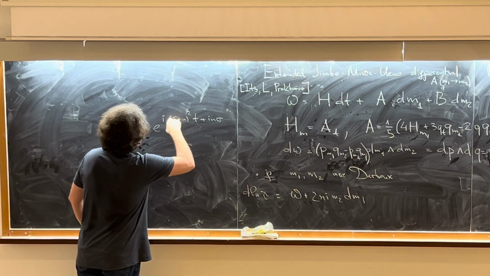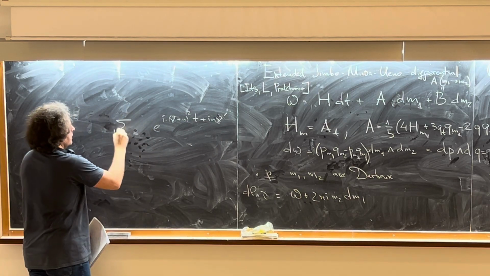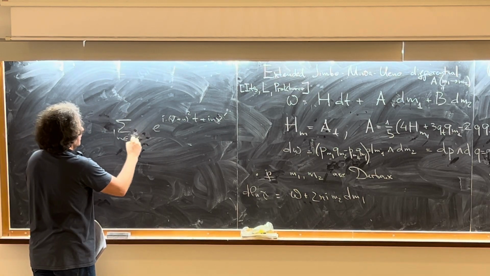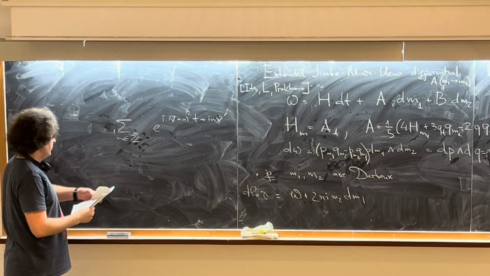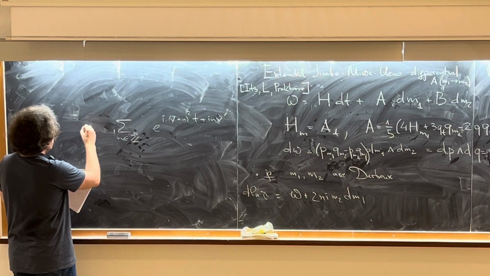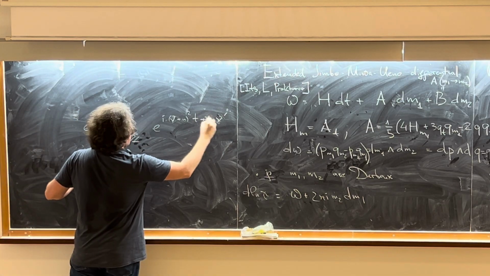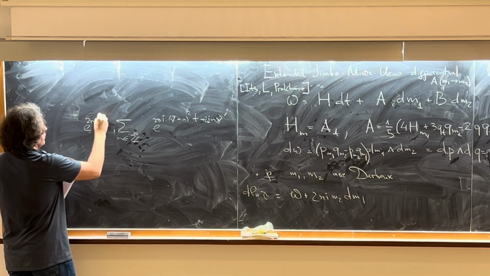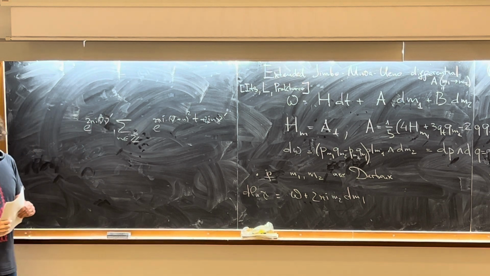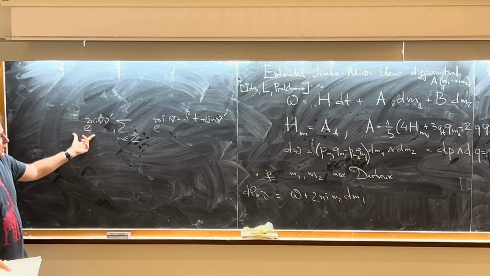But you see, if instead of this one I would correct it, so what should I do? Perhaps I need to multiply this function by something like 2 pi i nu prime. Okay, so I correct the definition by some trivial factor.